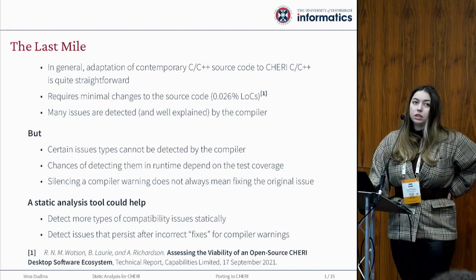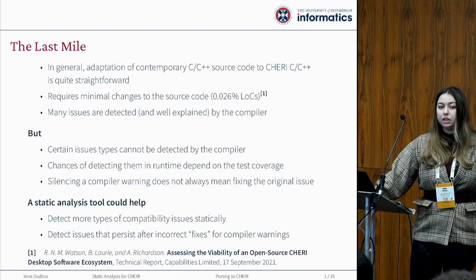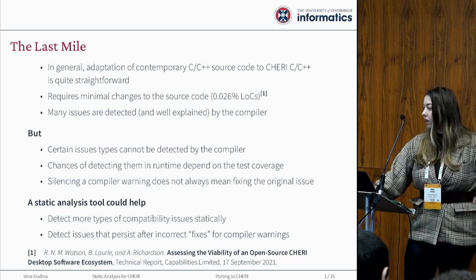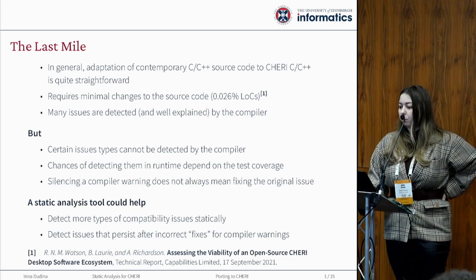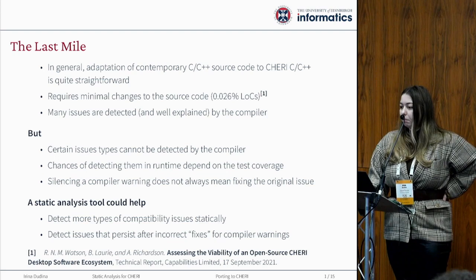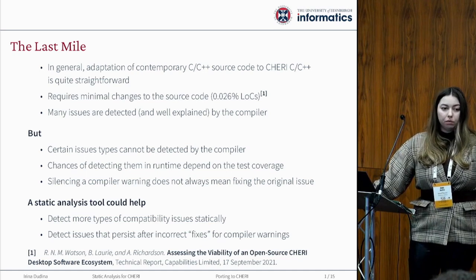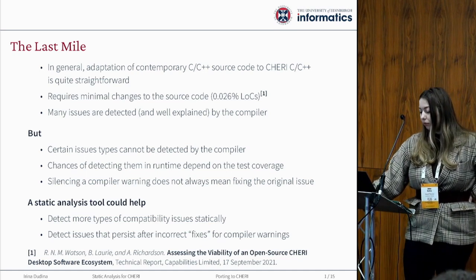So it would be nice to have a separate static analysis tool that could employ deeper and therefore more time-consuming analysis than a compiler can afford, and potentially have a lower true positive rate than compiler warnings are obliged to have, and therefore have better coverage and detect more portability issues.